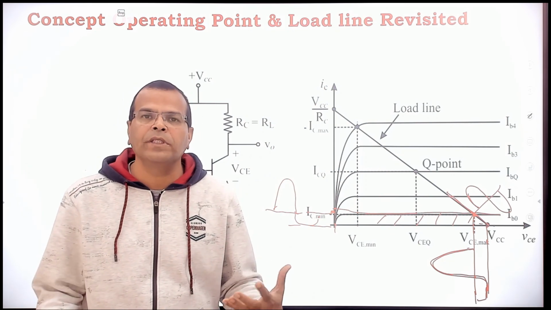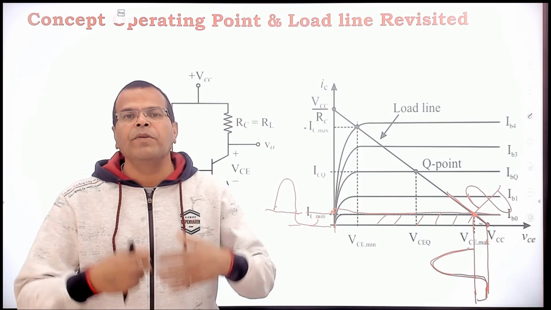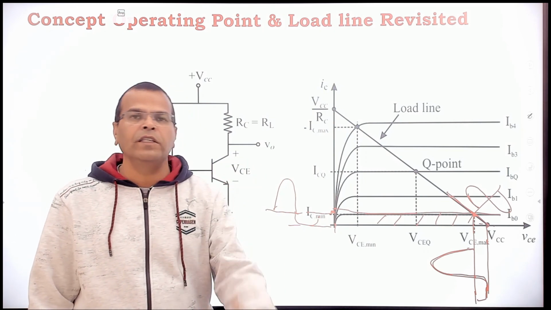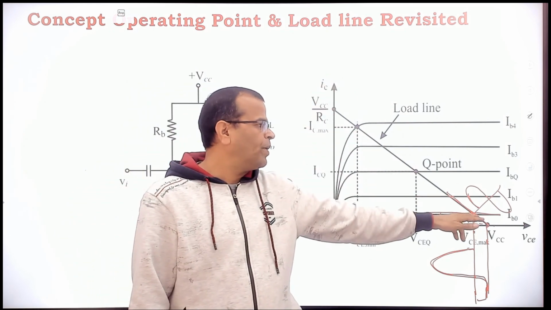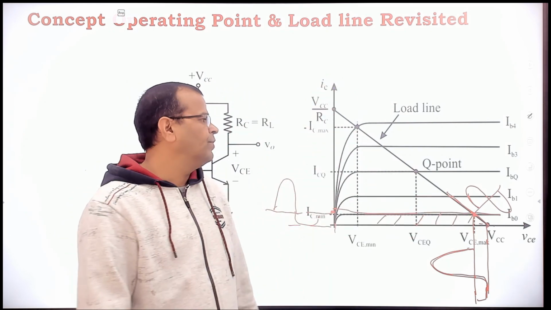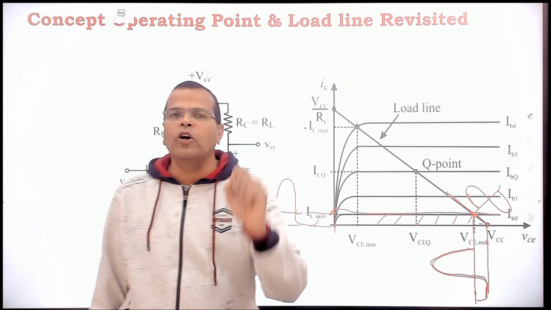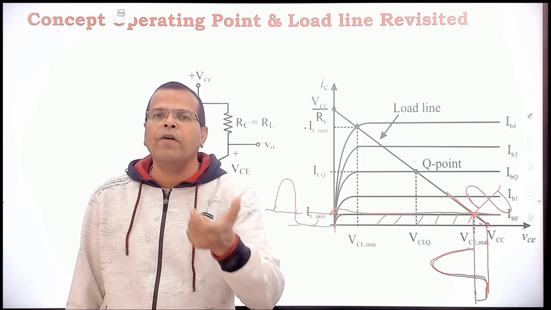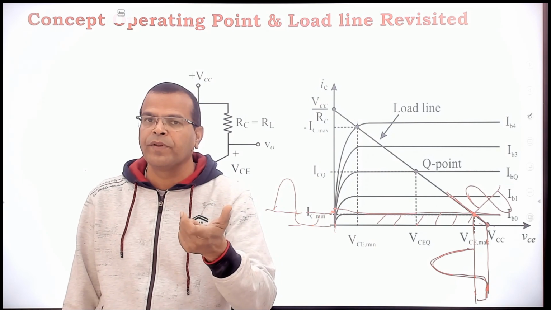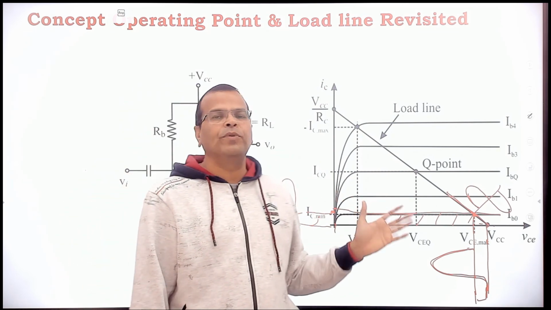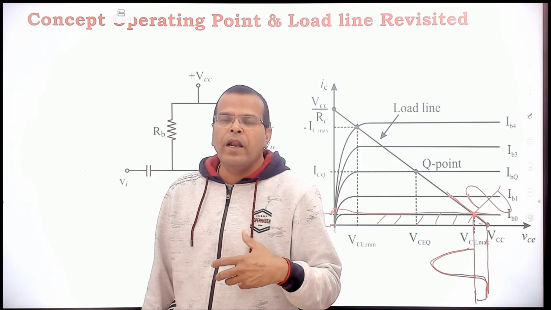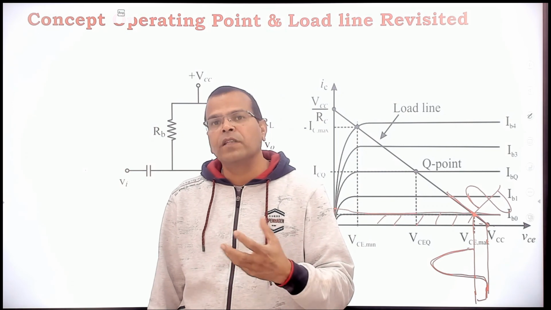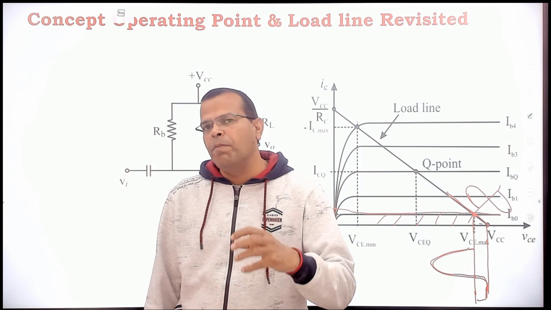And this is what happens in the case of power amplifiers. I'm talking about the input signal, the base signal. If the input signal is large and the operating point is located near the cutoff, in that case, the output signal will be sinusoidal only for maybe half of the cycle of input, right? So that puts a constraint on the level of the signals which are to be amplified, and that is dealt with in power amplifiers.